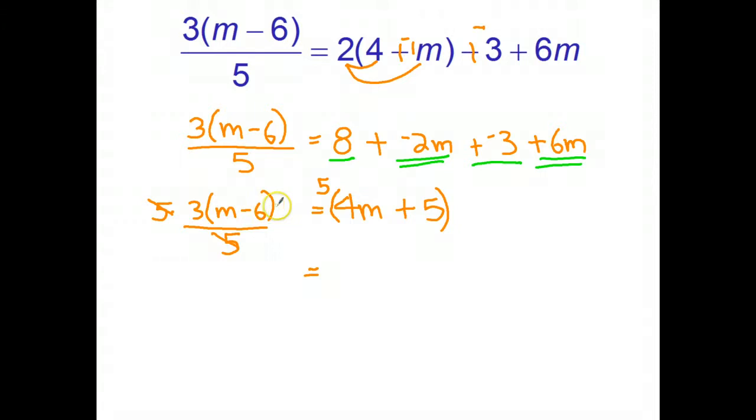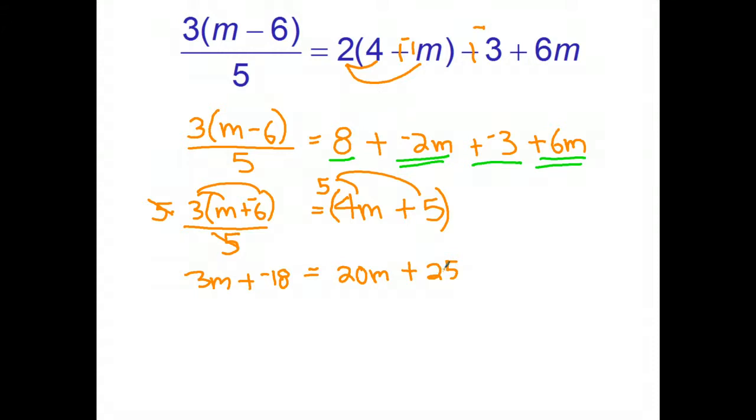And to save a bit of time, I'll also expand these brackets. So plus negative 3 times m is negative 3m, plus negative 3 times negative 6 is negative 18. And on the right-hand side, 5 times 4m is 20m, plus 5 times 5 is 25.